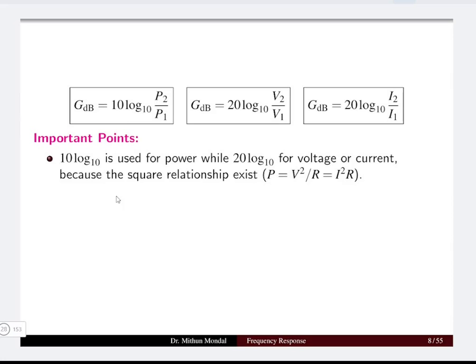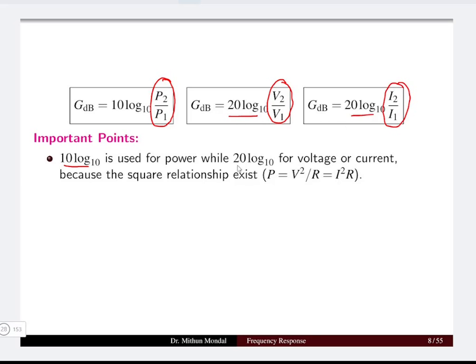The important points that we have to note here is that when we are talking about the power expression, then 10 log 10 is used, while when we talk about the voltage expression or the current expression, then we are using 20 log 10.